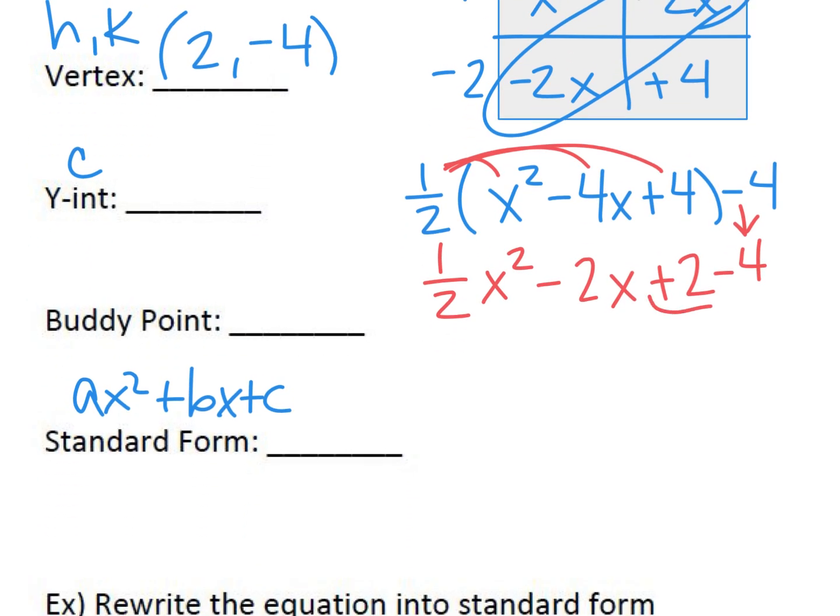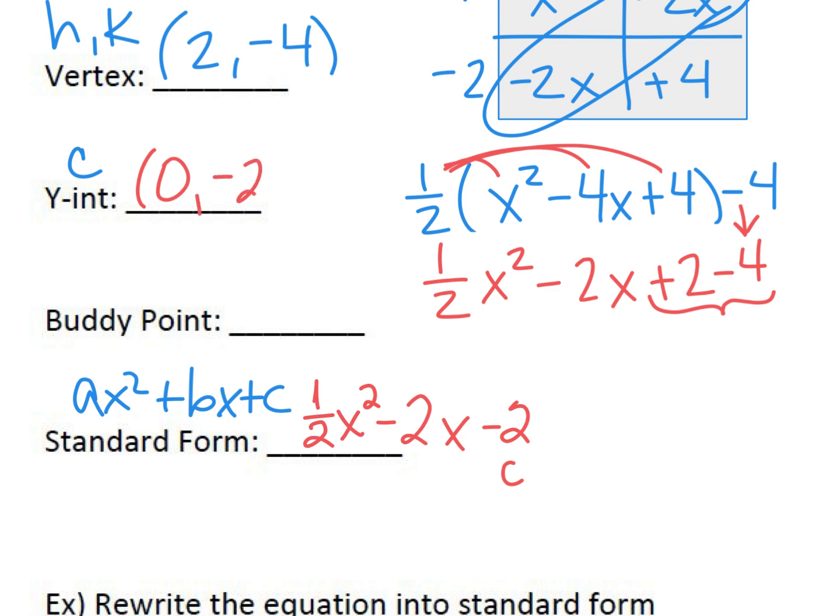Last step we said, collect like terms. So my standard form is 1/2 x squared minus 2x. What's 2 minus 4? Negative 2. So, oh, look, there's my c. What does that represent? Y-intercept. So 0, negative 2.